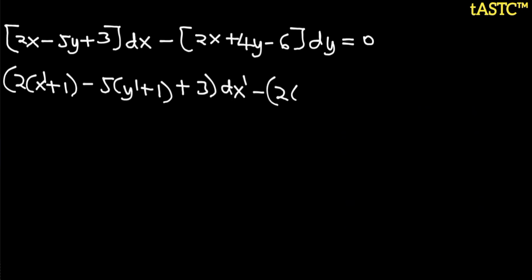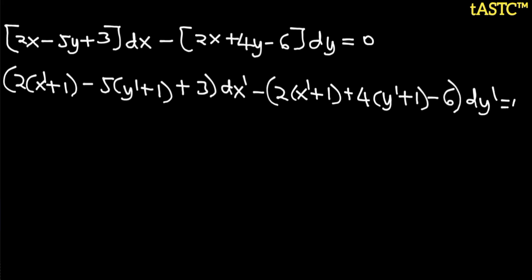And we would have minus. Here this is going to be 2x prime plus 1. And this will be plus 4 y prime plus 1. And we have minus 6. And this is equal to dy prime. And this will be equal to 0. Now we can actually expand this stuff, and this would give us 2x prime plus 2 minus 5y prime minus 5 plus 3.